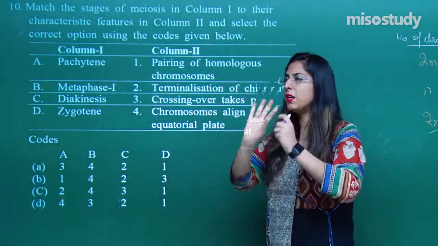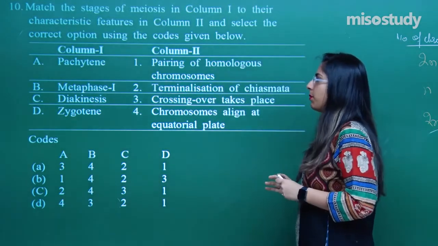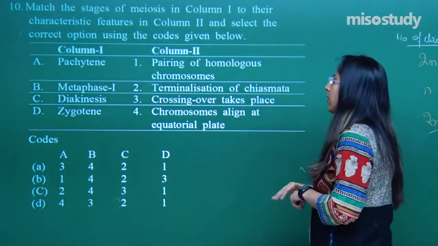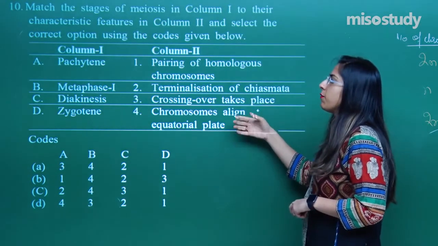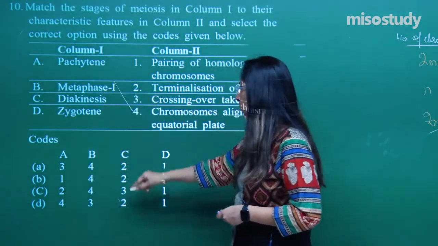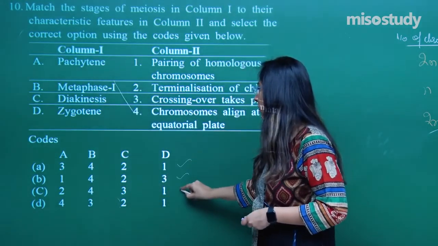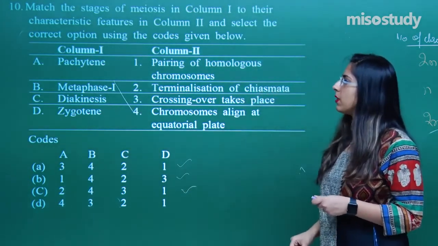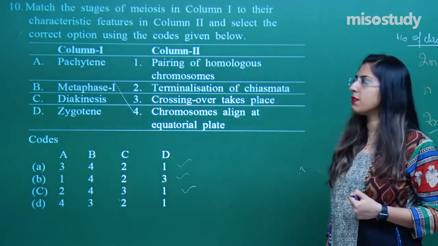Let's look at the B option. Suppose I know only B and C. How can I solve this problem? Metaphase 1: in this, orientation of the chromosomes occurs at the equatorial plate. That means for B, the fourth option is correct. That means these three might be correct. Let's look at the C option, diakinesis.